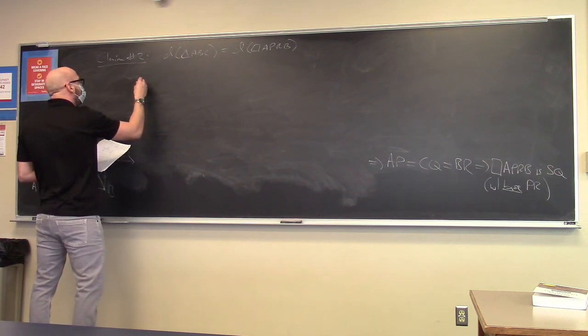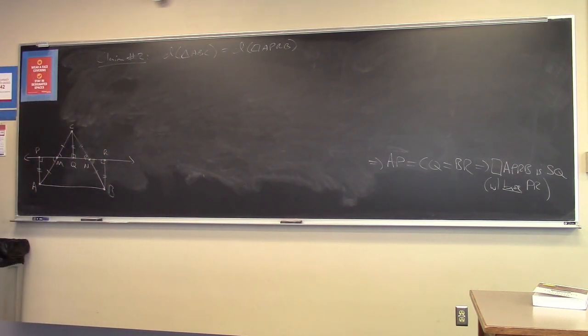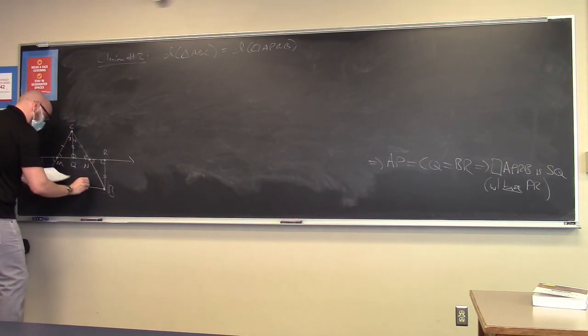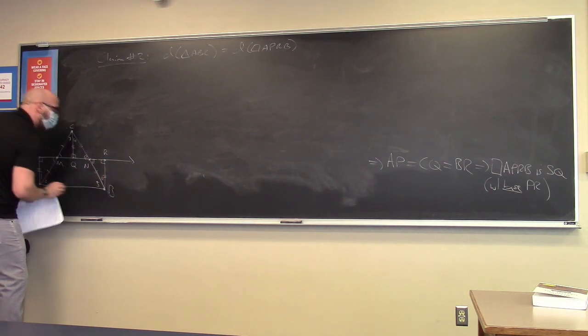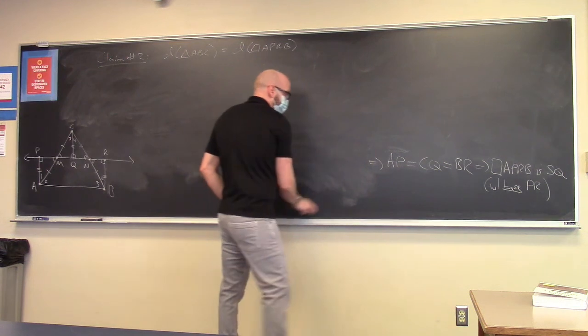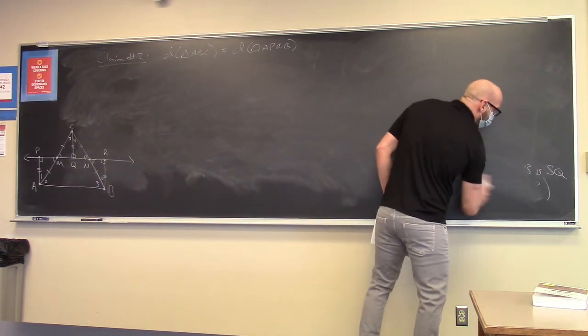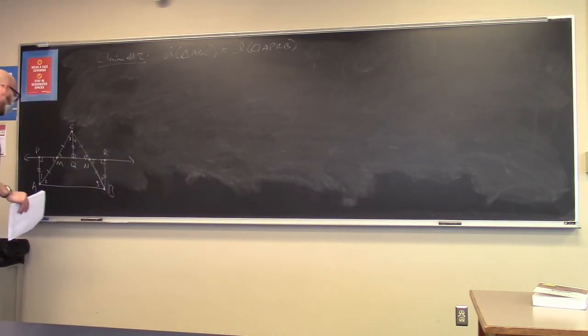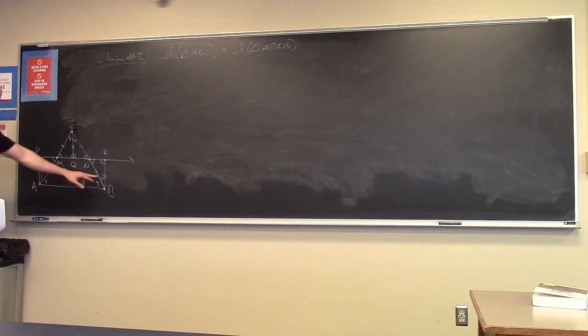So let's make a note about congruences really quickly. And let me just label some angles here. I'll call this angle 1, angle 2, angle 3, 4, 5, and 6. All right, so I've labeled 6 angles. And note by the congruences we just established, some of these angles are equal to each other.